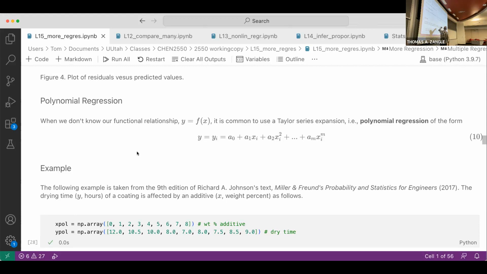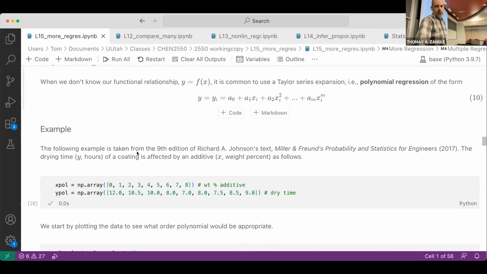So the idea of polynomial regression is, if I knew f, I could do a Taylor series expansion. In this case, we don't know f. We're starting from the data, and we're seeing what kind of polynomial would fit that data. And so we are approximating what that Taylor series expansion would give us. So here's an example. If you don't really know what to do, but you know it's not linear, polynomial is a good place to start.